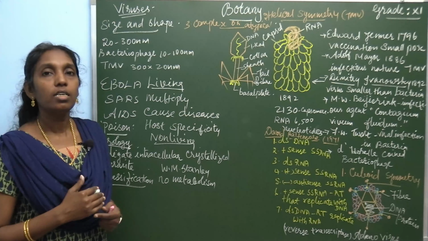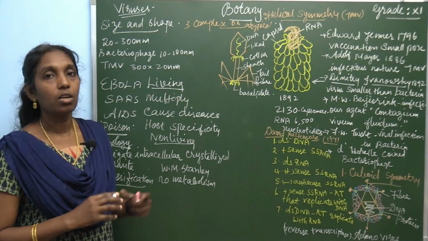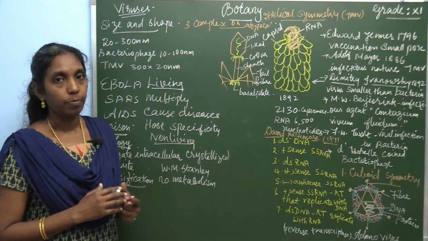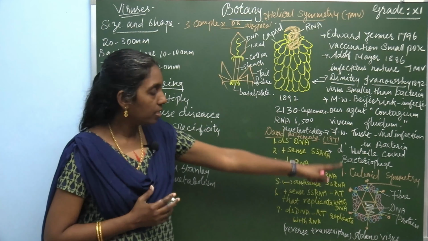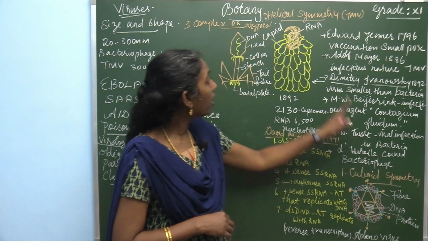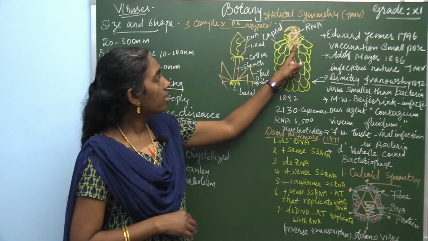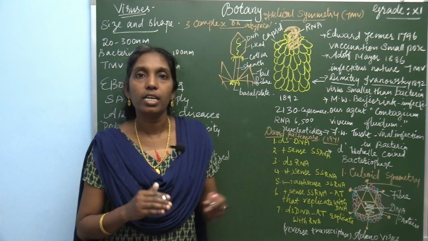Now, let us learn the nucleic acid content, the genetic material of these viruses. Here the cuboid symmetry contains DNA, the helical symmetry contains RNA, and bacteriophage also contains DNA.